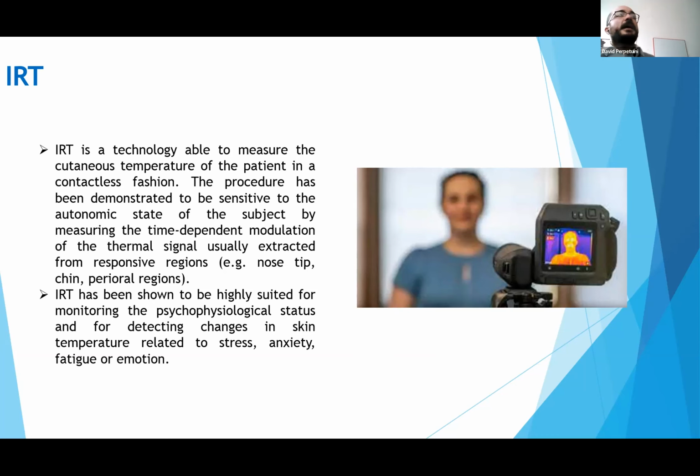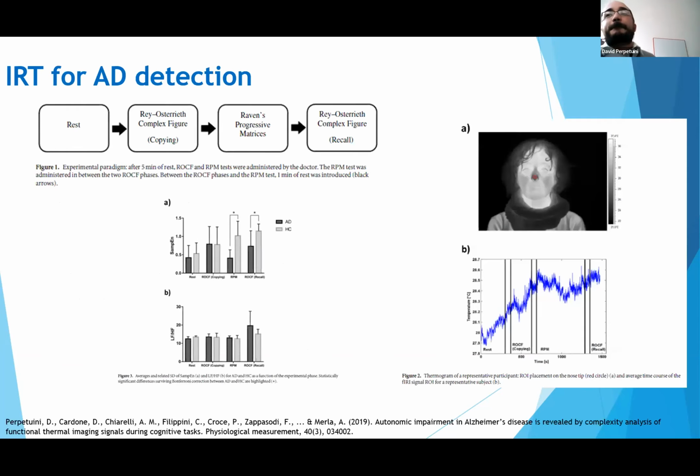The data analysis of the infrared thermography data is based on the evaluation of some responsive regions on the face of the patients. One of the most responsive regions is the nose. Obviously, it's not the only one, but the nose is considered one of the most responsive regions.